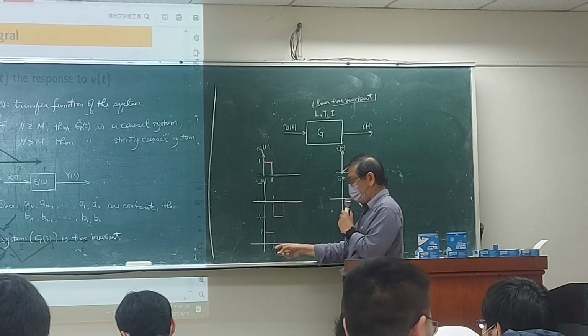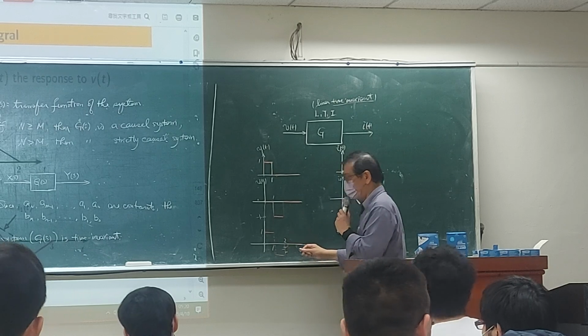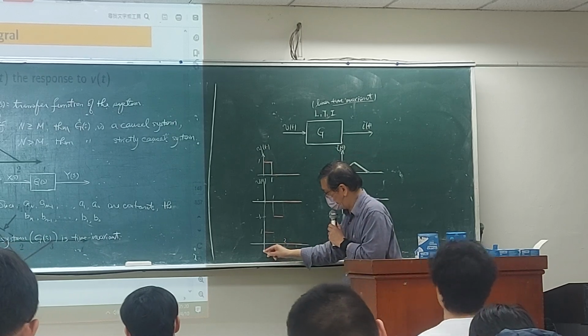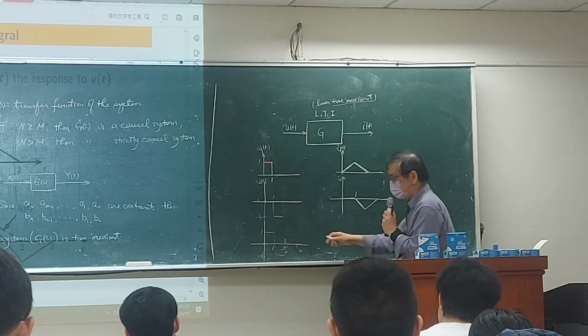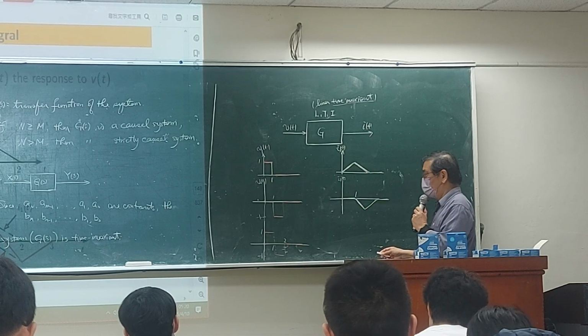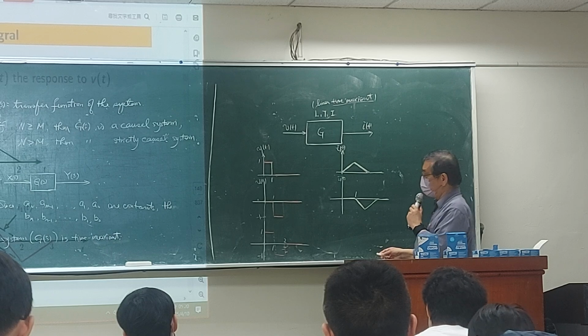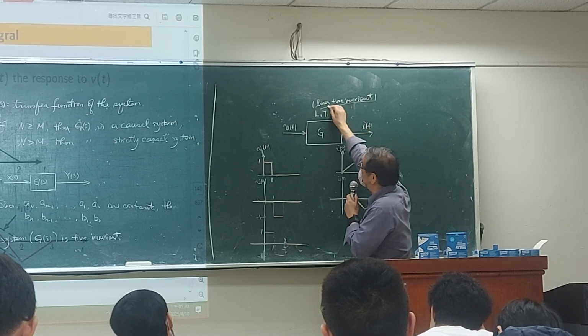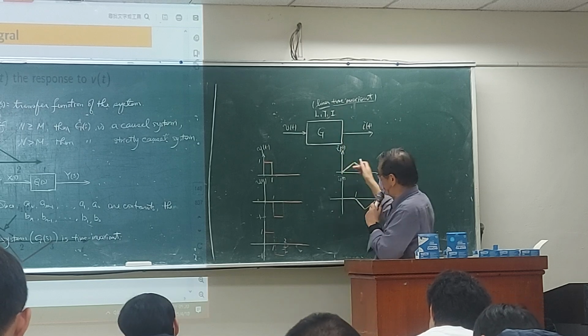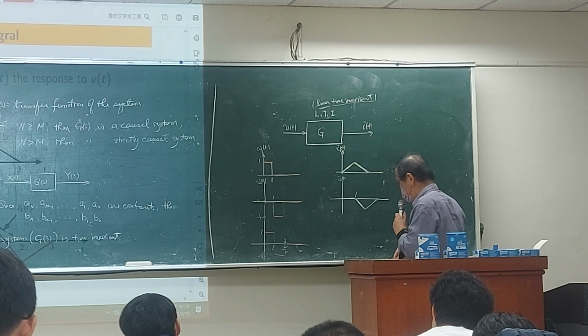And then from 1 second to 2 seconds, the input voltage becomes negative 1. So what is the output? It's going to be the combination of these two, right? Because it is a linear system. So I can combine these two.